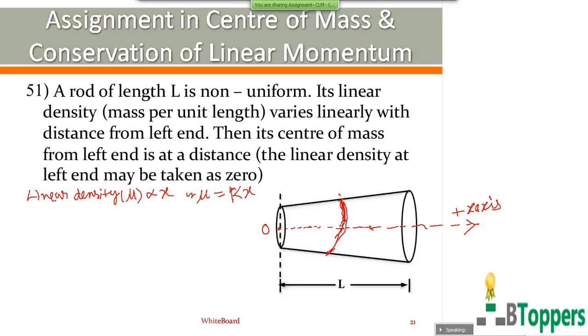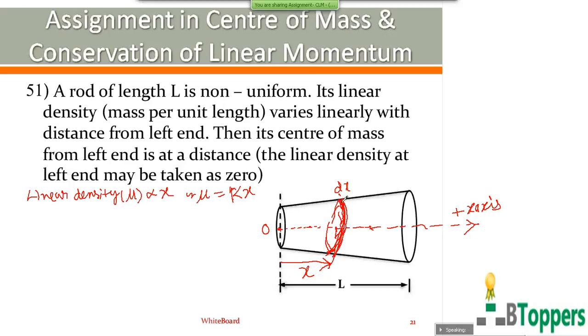We'll consider a small element of the rod in the form of a thin circular disc, whose center is at a distance x from the left end, and the thickness of this elementary disc is dx. So the rod can be imagined to be made up of a large number of small elementary discs, each of infinitesimally small thickness dx. We consider one such elementary disc with its center at distance x from the left end of the rod.